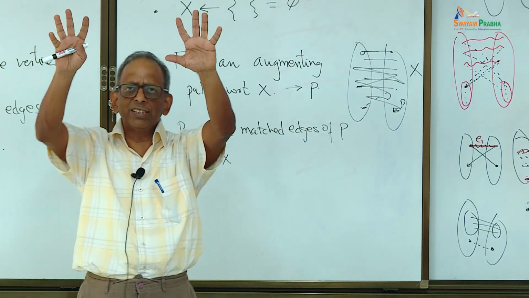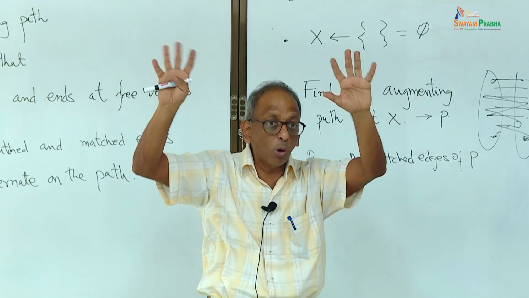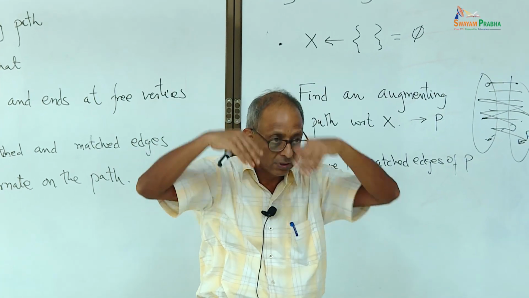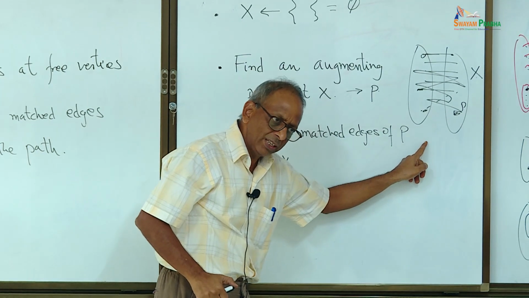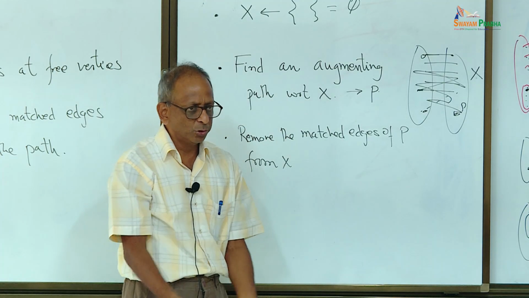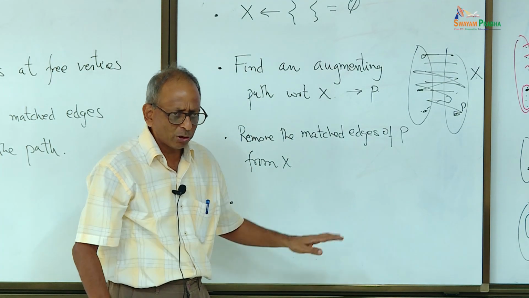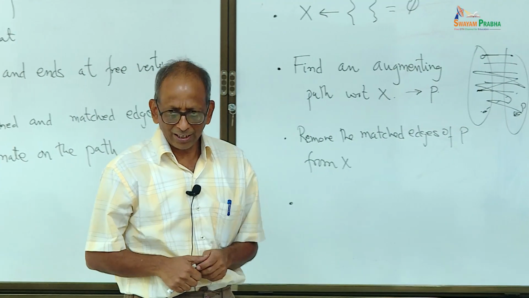Your matching is already there. Your P has also included some matched edges. What do you want to do with them? Yeah, remove the matched edges of P from X. Now that only reduces your matching even further. What would you do in compensation? Sorry, what should you add?